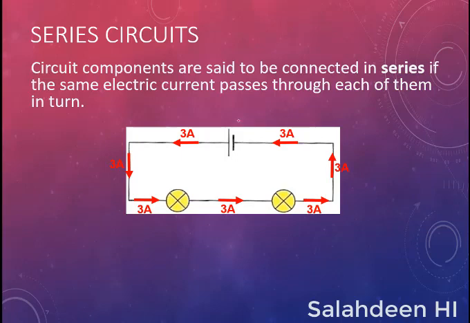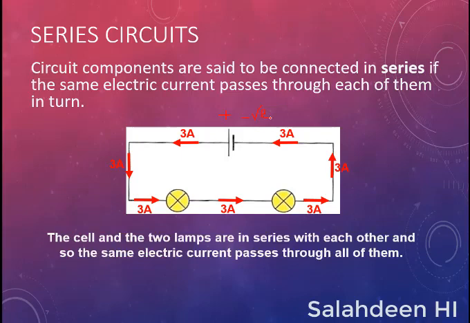Of course, you know that the longer, thinner line is the positive, while the shorter one is the negative. The cell and the 2 lamps are in series with each other, and so the same electric current passes through all of them.